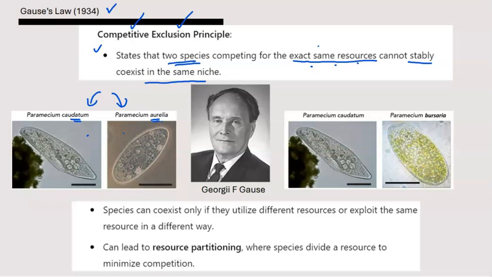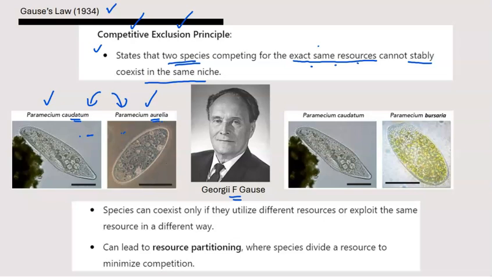And it was not possible when putting these two species together for them both to survive within the set of conditions that he had set up in his experiment. So by varying the conditions, it was possible to make this one survive or this one, but they could not coexist.